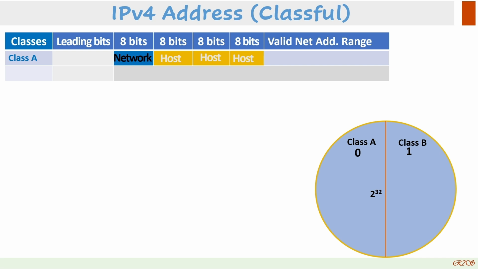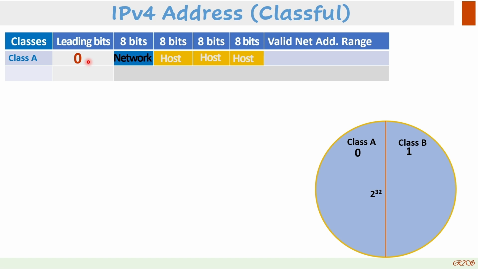So the leading bit is always 0 in Class A, when we analyze an IP address with the classful approach.